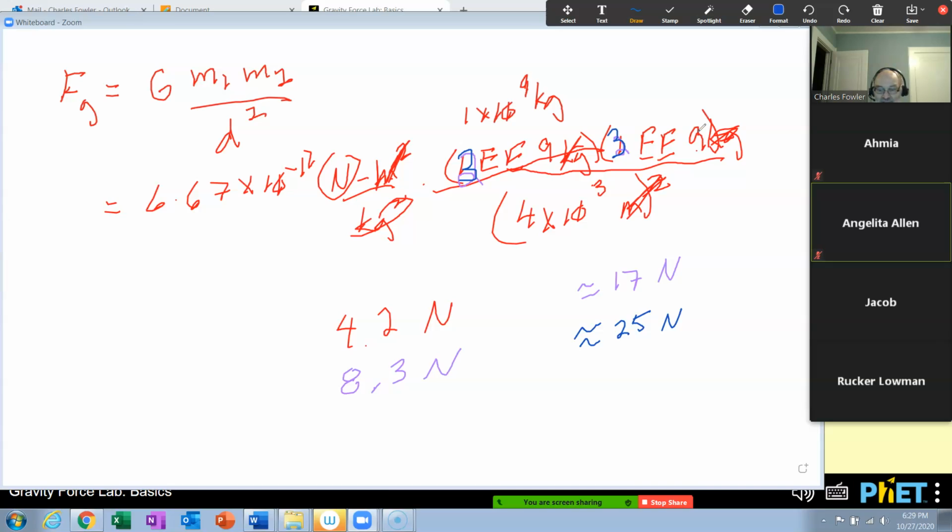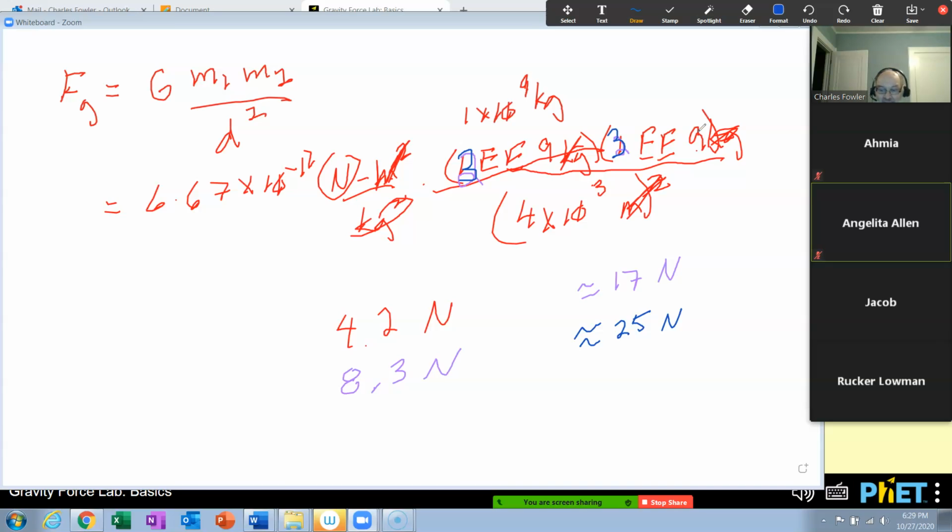6.67 EE11 negate. Now if you have a scientific calculator, you probably will do a minus 11. Okay, whatever. Times 3 EE9 times another 3 EE9.